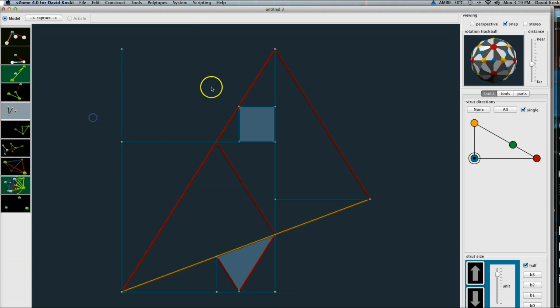Well, the interesting thing about the golden mean is that this would make the area of this larger square 2.618, and the smaller square is 1. So the difference is 2.618 minus 1, or 1.618.